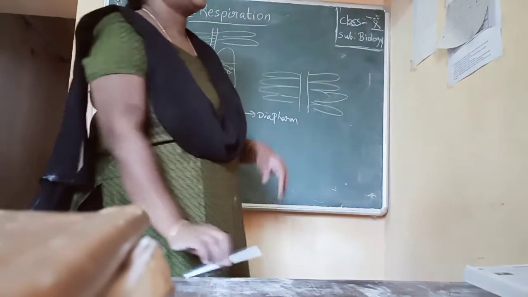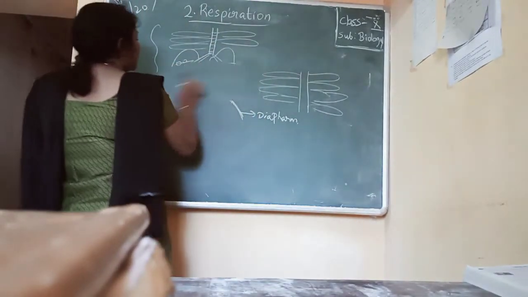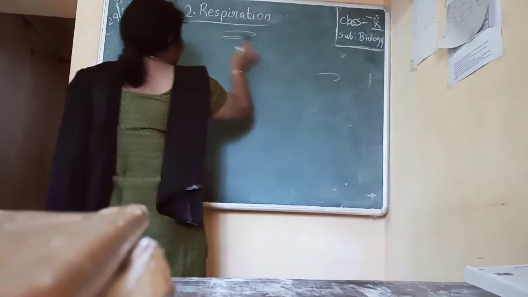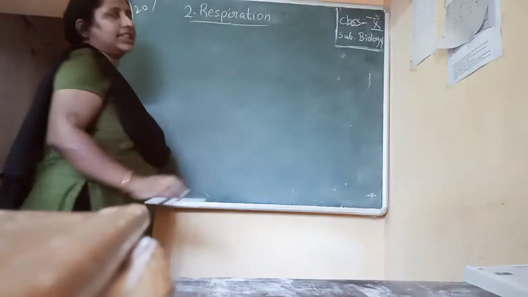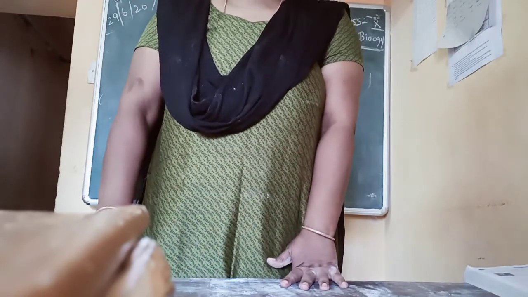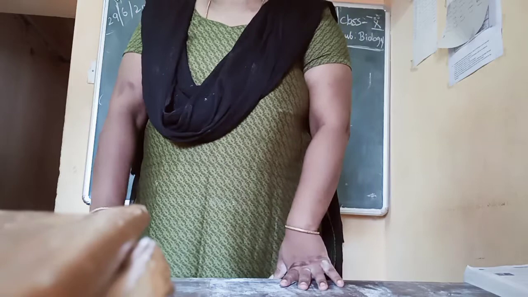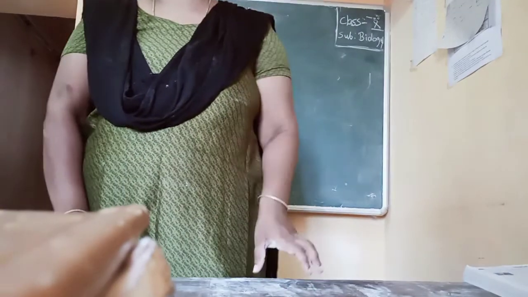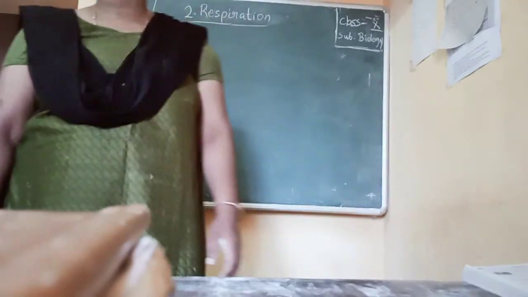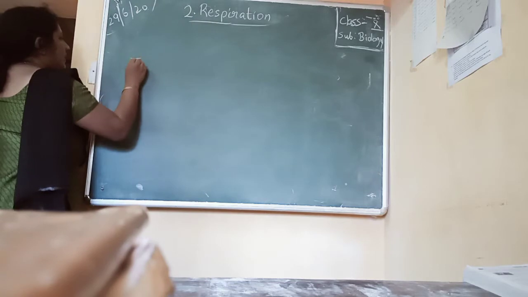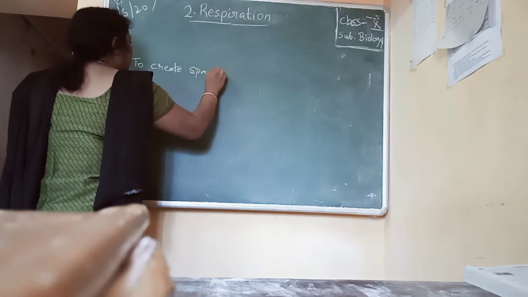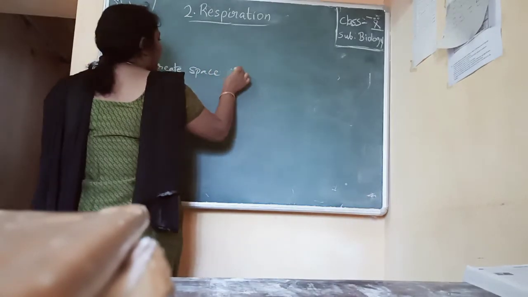Now I said that the two lungs are of different sizes. Is it correct? I am saying that the right lung is somewhat larger than the left lung, a very minute difference. Why? Because to create space for a very important organ.